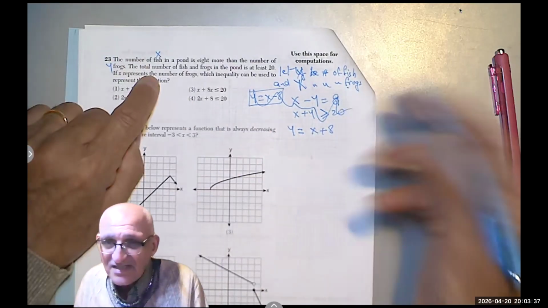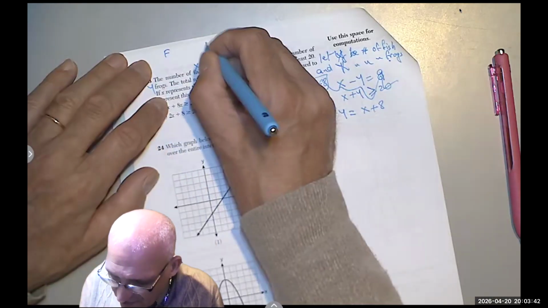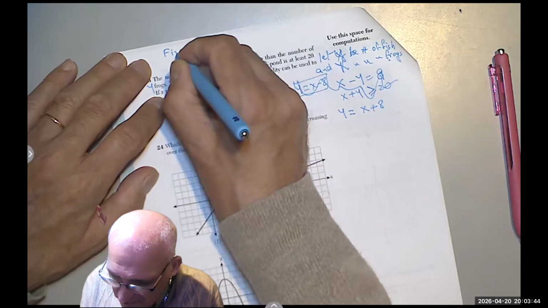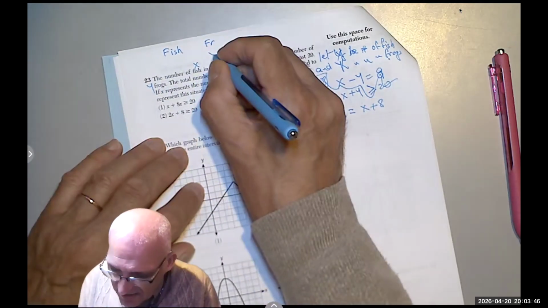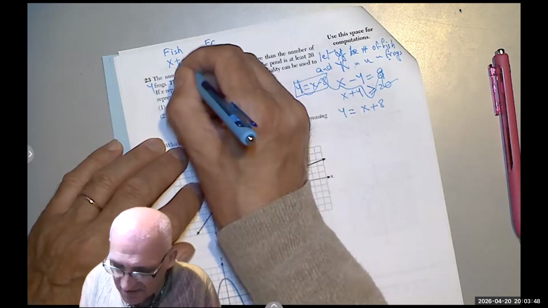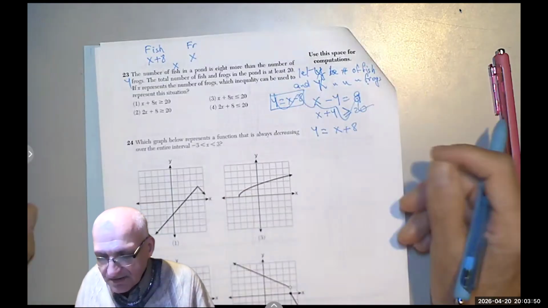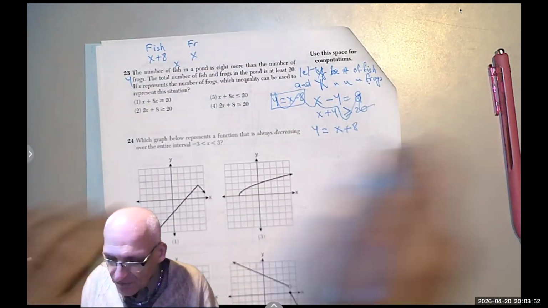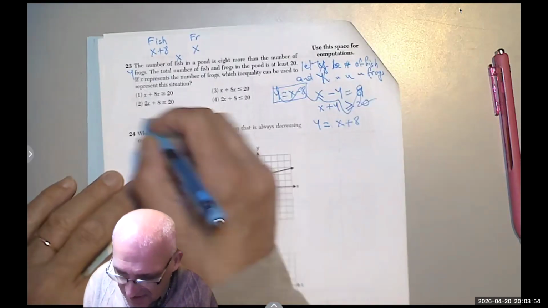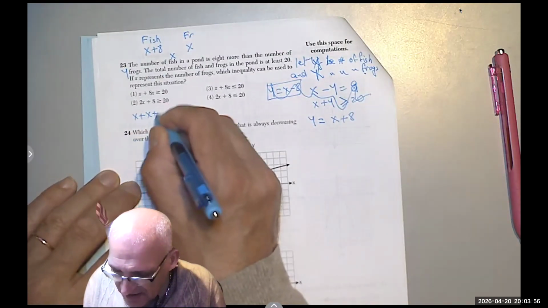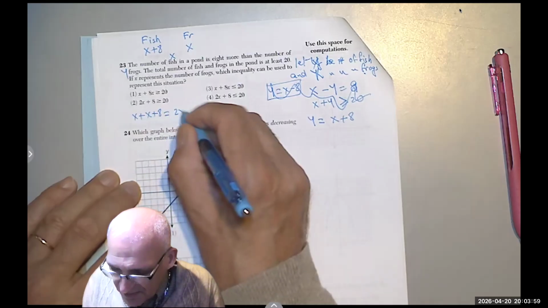So you don't even need the y. You can say the fish and the frogs. The frogs are x, and this is x plus 8. Yeah, that's much easier. Okay, the total number of fish and frogs is x plus x plus 8, meaning 2x plus 8.